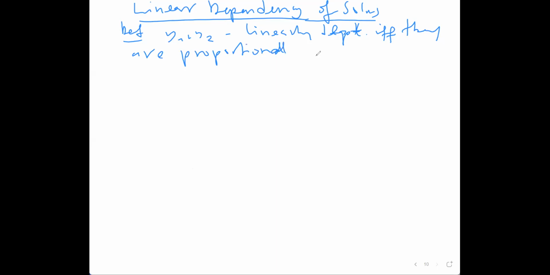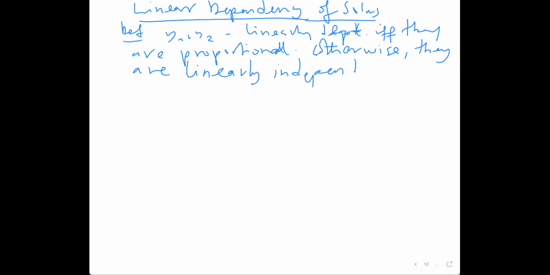Otherwise, they are linearly independent.